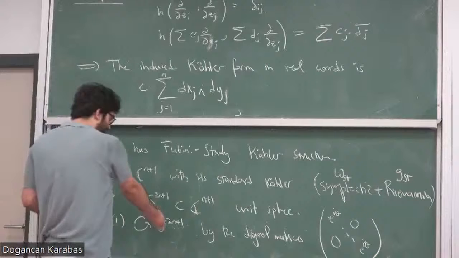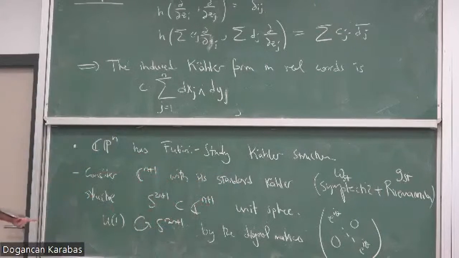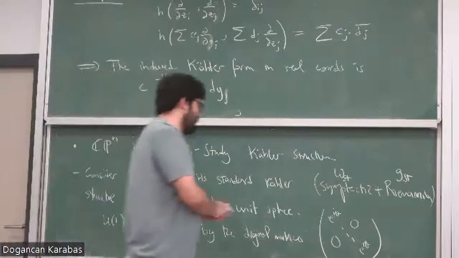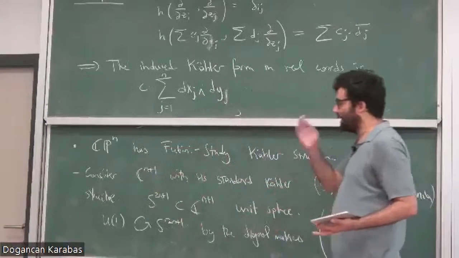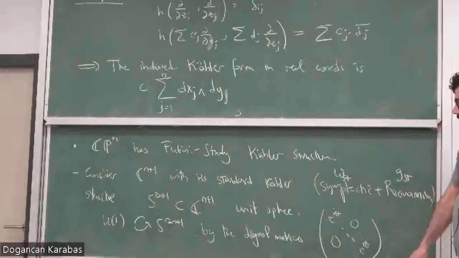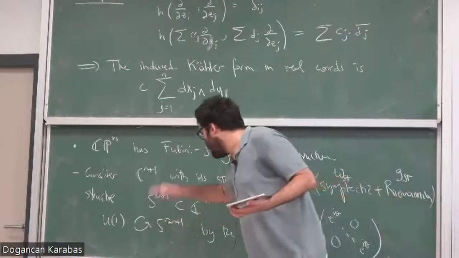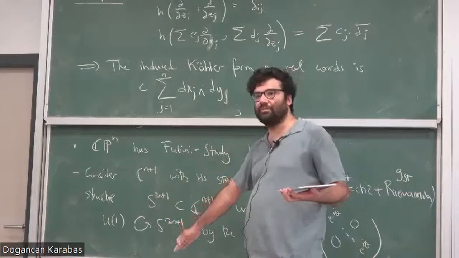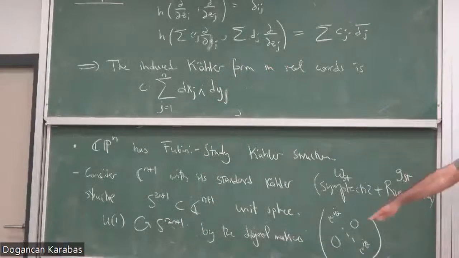That's an action on Cn plus 1, but it descends to the unit sphere, preserving lengths. CPn is the set of one-dimensional complex lines inside Cn plus 1, which you can also think of by intersecting those lines with this unit sphere as these circles generated by this diagonal action.